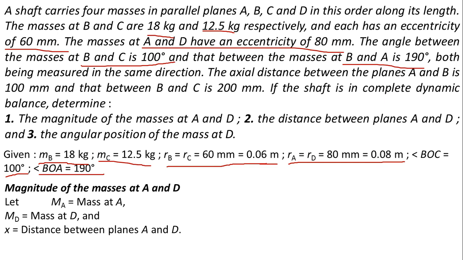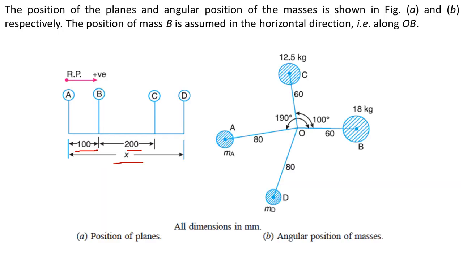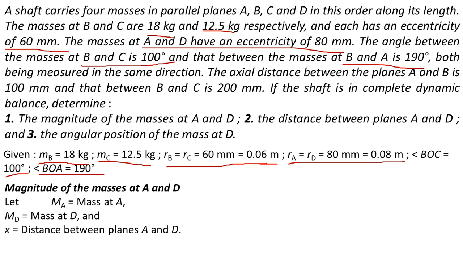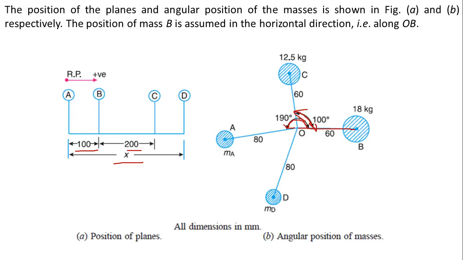Angle BOC and BOA are given. We take B as the reference plane, and from here this angle is given as 100 degrees, and then this angle BOA is given as 190. So these two angles are given.